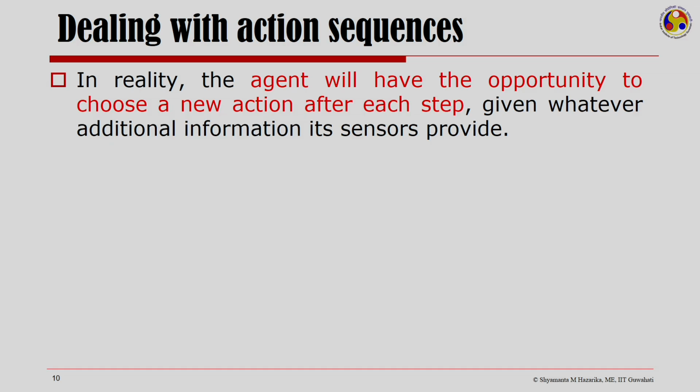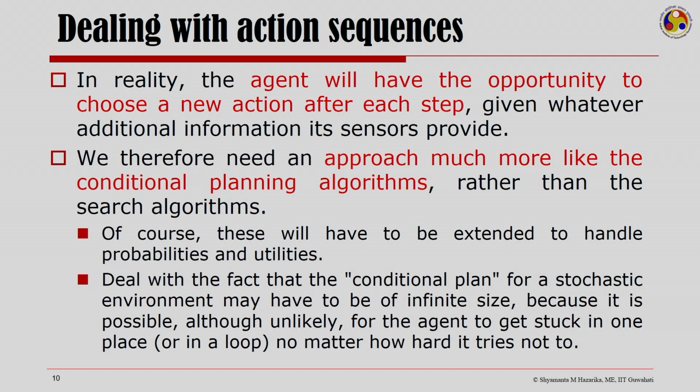In reality, as I have been emphasizing, the agent will have the opportunity to choose a new action after each step, given whatever new information it gets from the senses. We therefore need an approach which is more like conditional planning algorithms rather than search algorithms. So, this will of course have to be extended to handle probabilities and utilities.